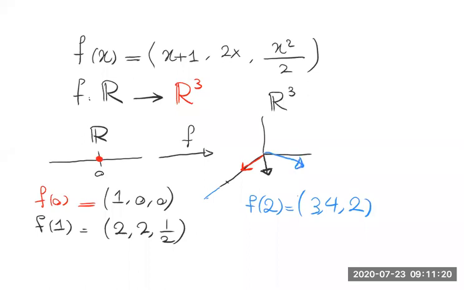This is f of 2. So this function sends 0 to this vector, sends 1 to this vector, sends 2 to this vector. So this function, again, sends numbers to vectors in three-dimensional space. So it's a function with values in R3.